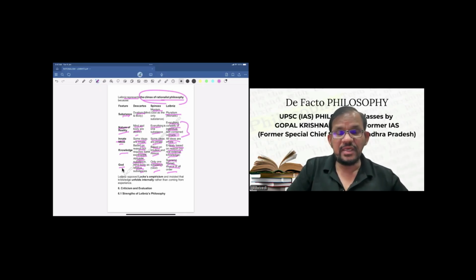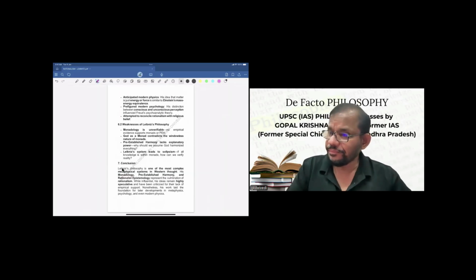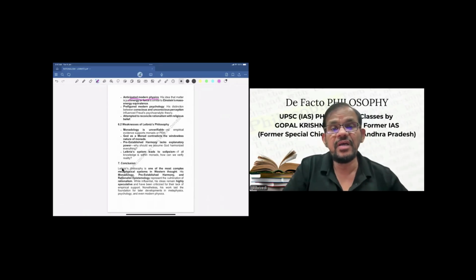Now, what are the criticisms and evaluations of Leibniz's philosophy? What are its strengths? Leibniz's idea of monads basically anticipated modern physics. This is very important because his idea that matter is just energy or force is very similar to Einstein's mass-energy equivalence, that is E equals mc squared.